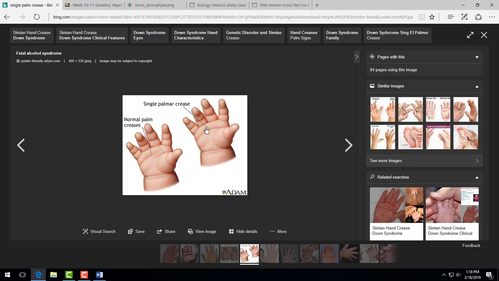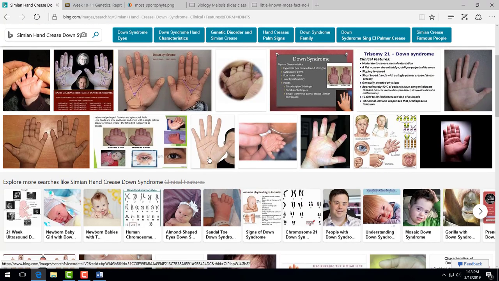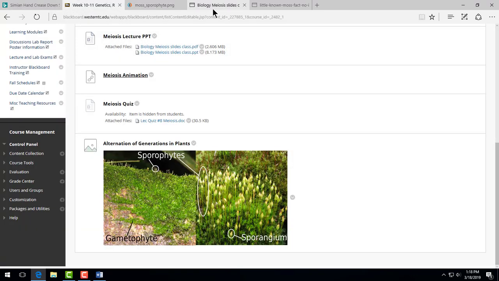Here's an example of Down syndrome palmar crease straight across. Here's another one, goes straight across. Here's the M. If you look, it kind of goes up and you'll see it come down and then make another M. It's kind of at a slant. Can everybody see that? Okay, so that's genetics that put that M there.